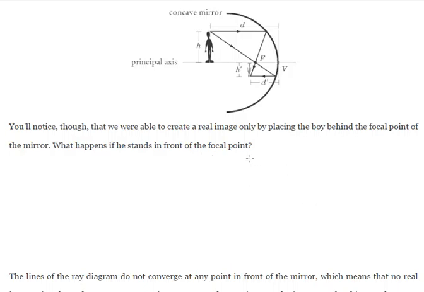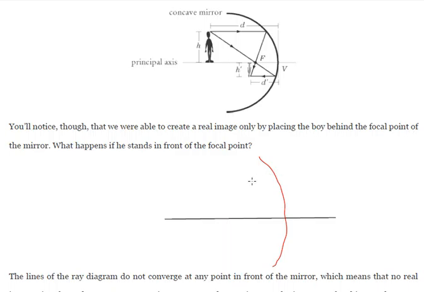Alright, so I'm going to try my darndest here to draw with my little trackpad. Alright, so we have our spherical mirror here. I can get a good principal axis right there.